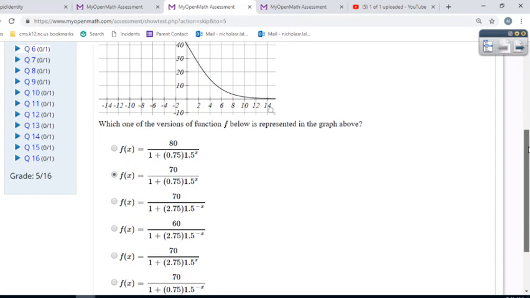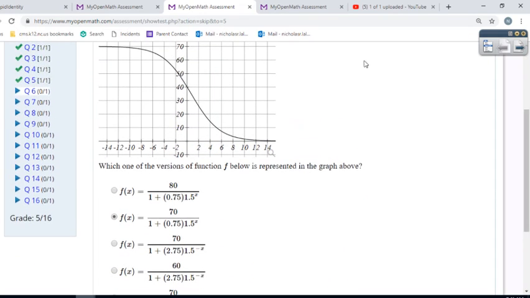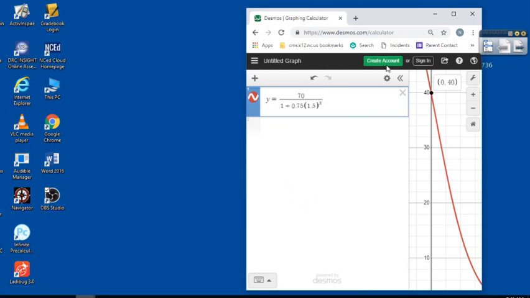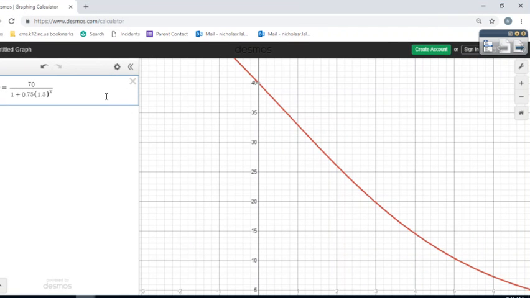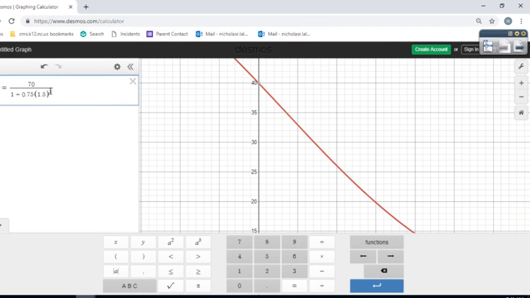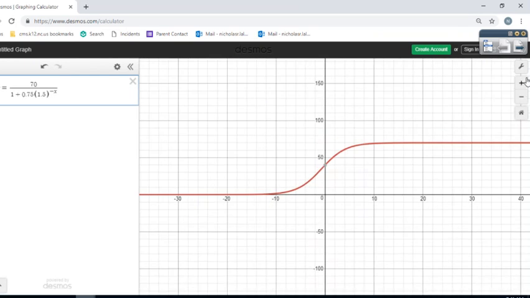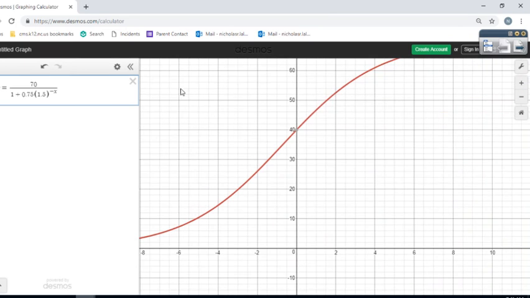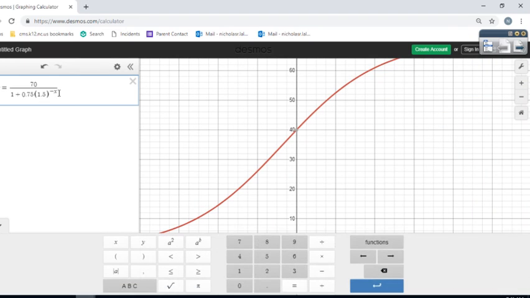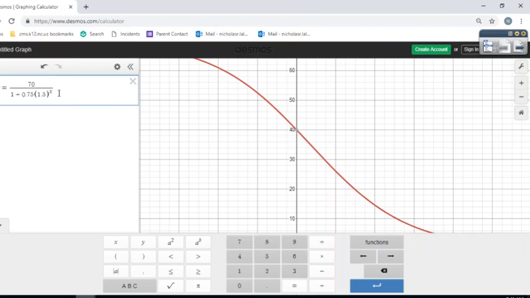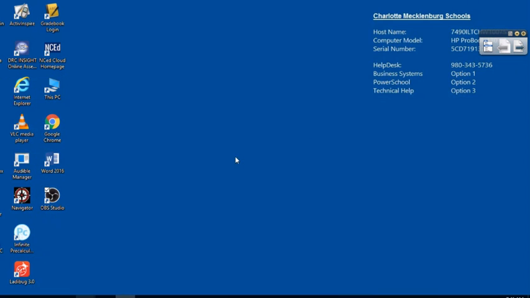If you were to have 1.5 to the negative x, which is where it would have a more traditional shape, the function is going to have the wrong shape. It's going to have a traditional logistic function, as opposed to without that negative x, where the logistic function is flipped across the y-axis.